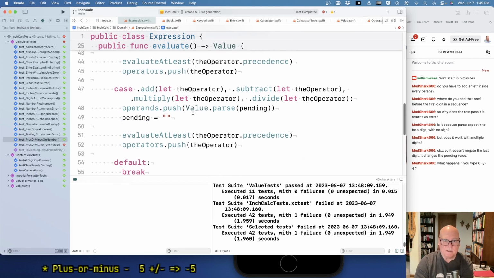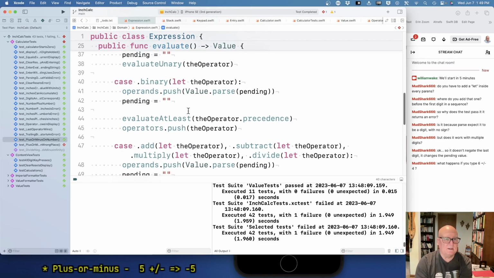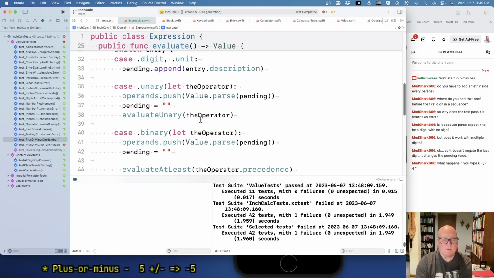But now, because you've pushed it, you push the operator and evaluate it. Whoops, where's my unary? You push the operator and evaluate. You've just pushed a value. No operator is required to complete the pending anymore. And I don't really like the way we're doing pending, but I don't know.